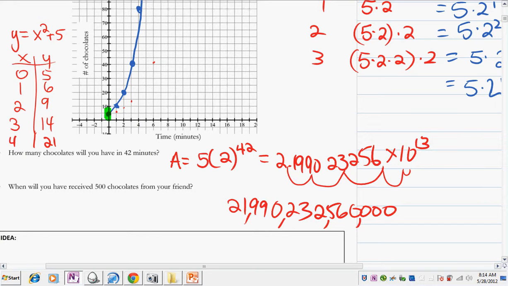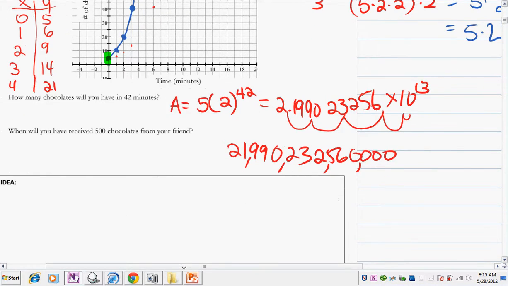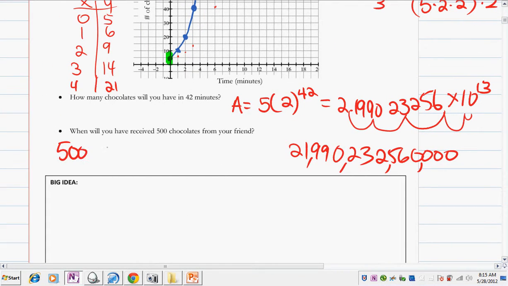When would you receive 500? Well, that's a little more difficult. So I want the amount to be 500, and that's equal to 5 times 2 to the t. I can divide both sides by 5 and get 100 equals 2 to the t.